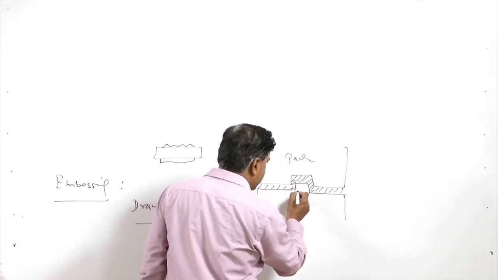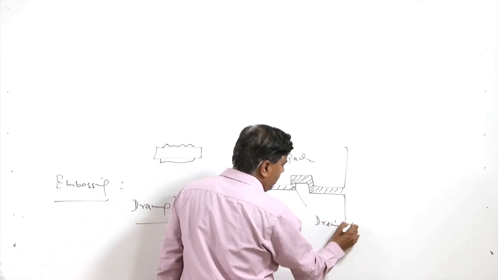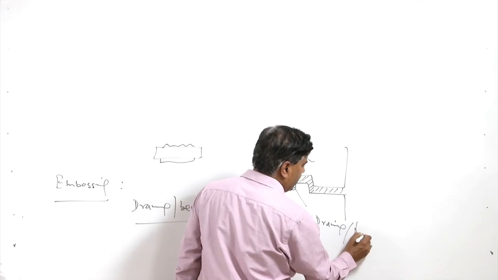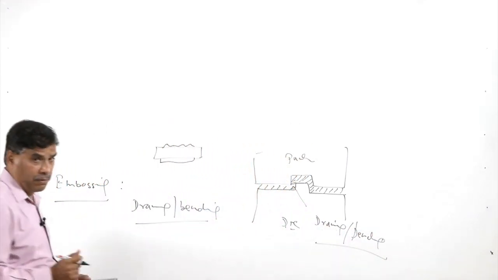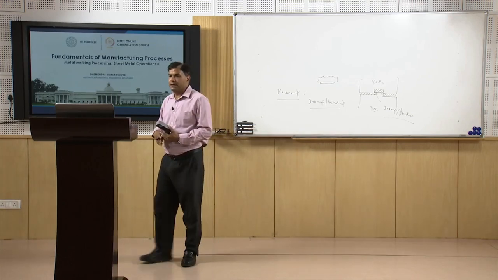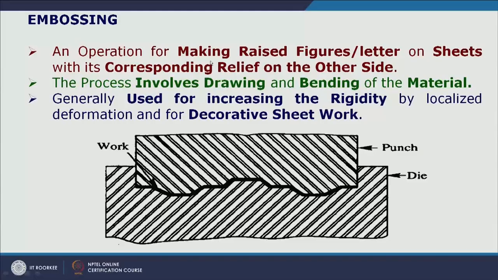So, basically this kind of movement involves the drawing as well as the bending of the metal during the embossing process. So, this is what has been explained using this diagram, like embossing is used for making raised figures and letters onto the sheet metal with the corresponding relief or recession on the other side.